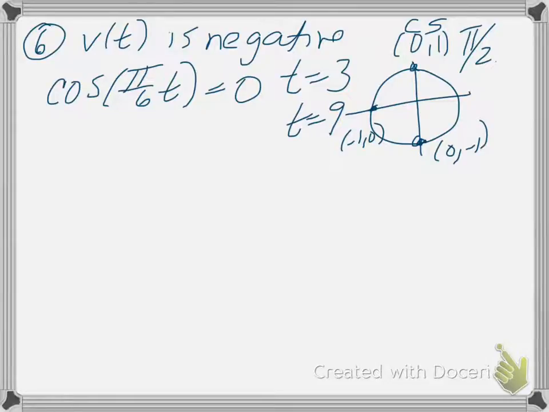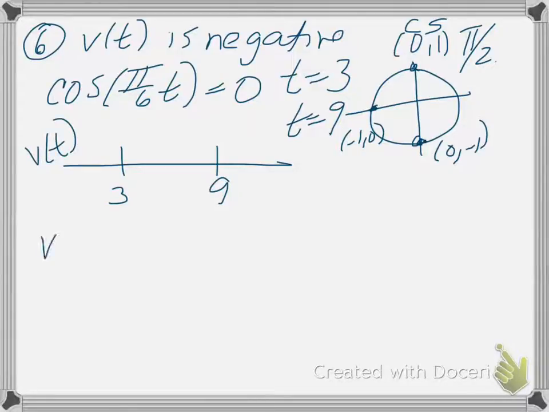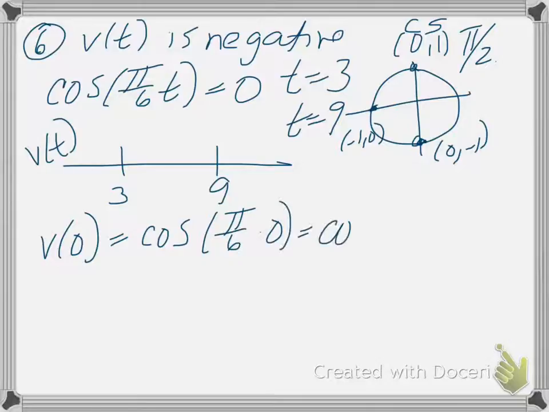Okay, so I have t equals 3 and t equals 9, and I'm going to make my little wiggle graph. If I choose v of 0, I'm going to get cosine of pi over 6 times 0, which is just cosine of 0, which is equal to 1, so I know that that's positive.